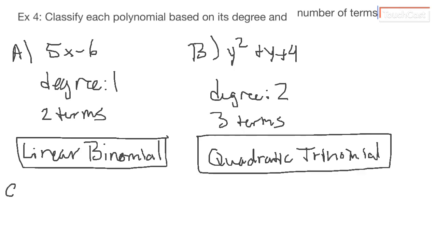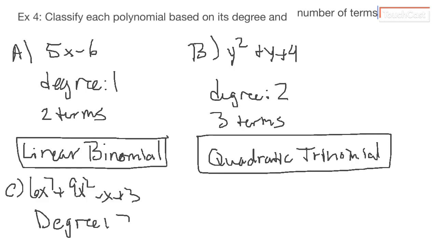We're going to have 6x to the 7 plus 9x squared minus x plus 3. We've got a degree of 7, and we've got 4 terms. So this is a 7th degree polynomial.